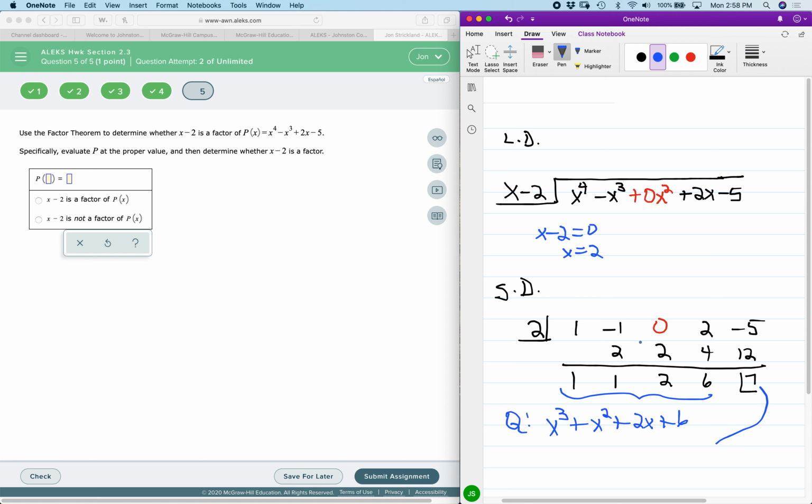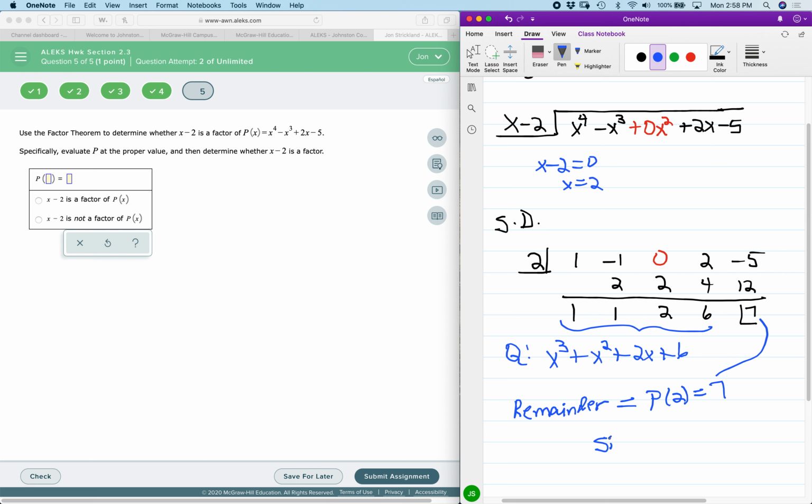But in terms of the question, now we have the remainder, which is going to be equal to p of the 0 of the divisor. So the divisor x minus 2 has the 0 at 2, so the remainder is going to be p of 2. And the remainder is p of 2, which is equal to 7.